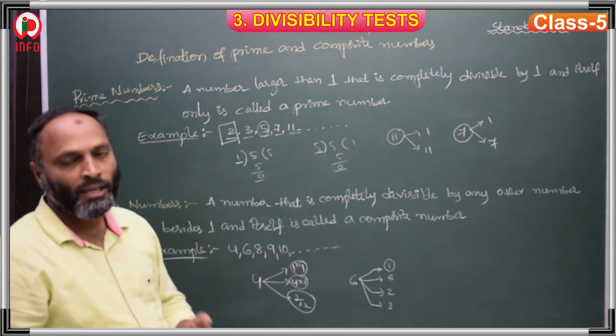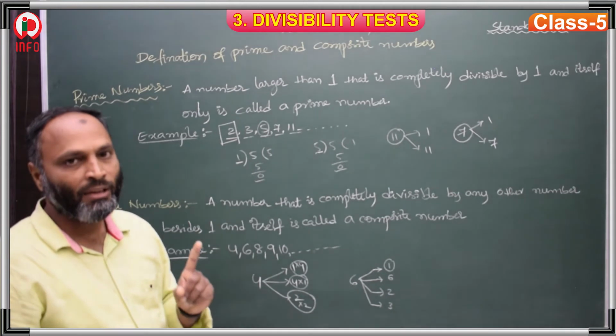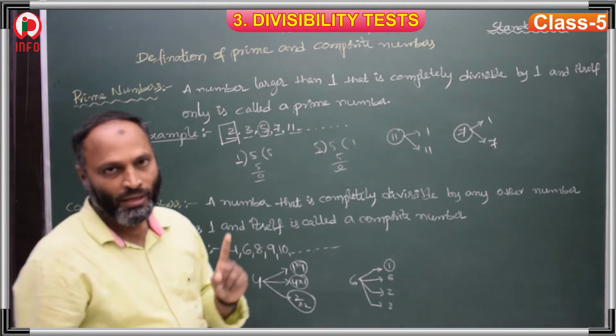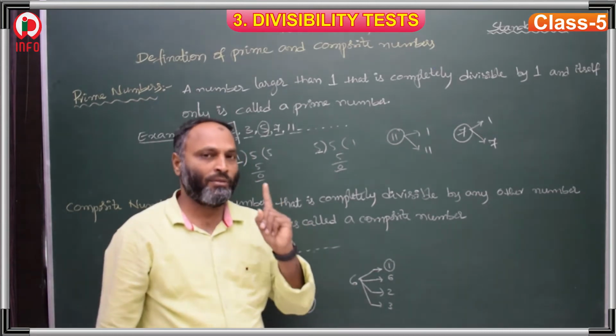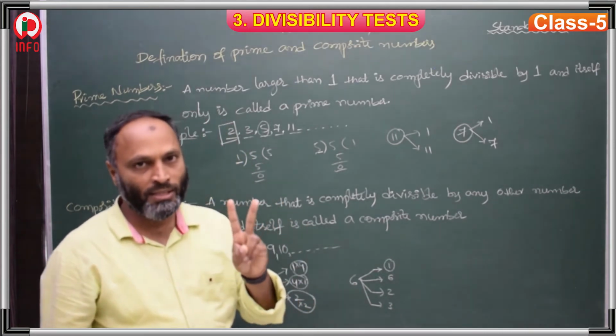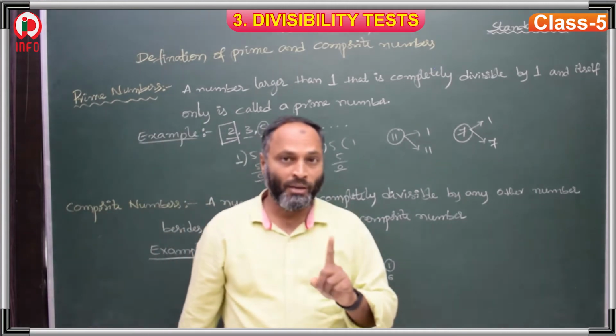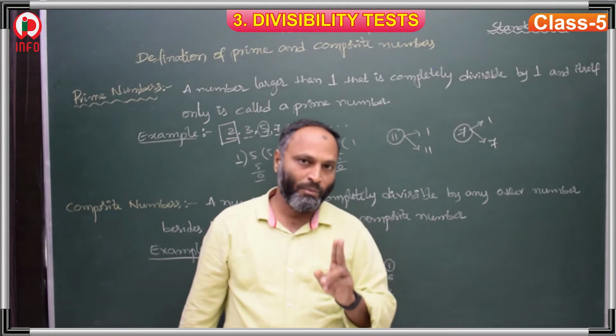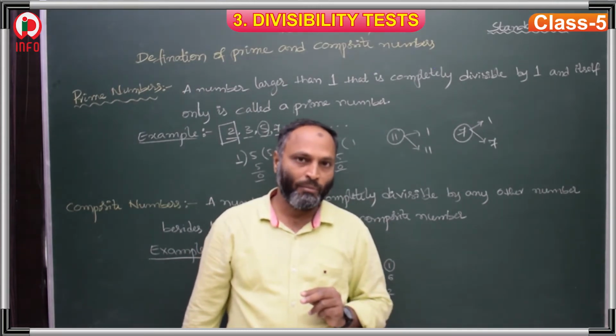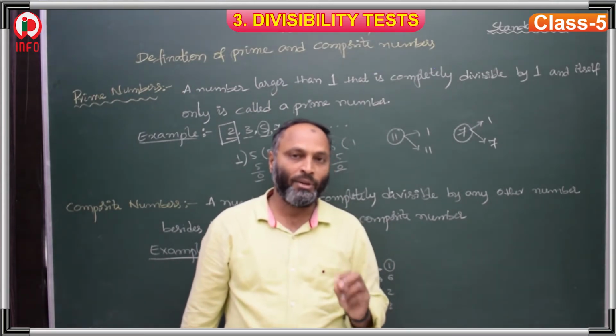All these are odd numbers, but only 2 is a prime even number. So 2 is even as well as prime. These two things you have to keep in your mind. One, 1 is neither a prime nor a composite number. Second, 2 is an even prime number.